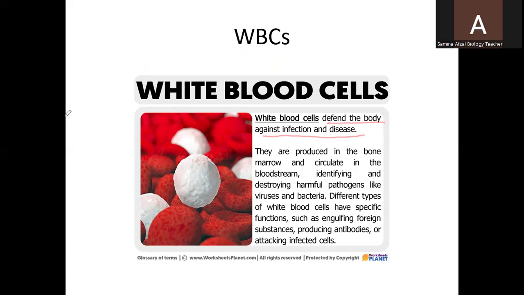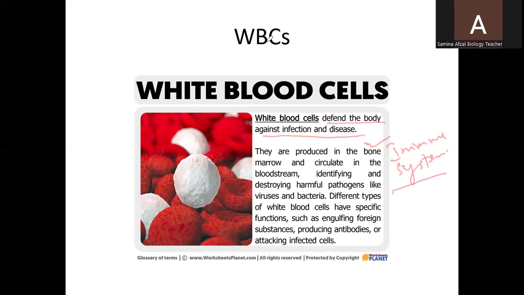They are also produced in the bone marrow, and they perform different functions. They make up our immune system. They kill the microorganisms. They produce antibodies.